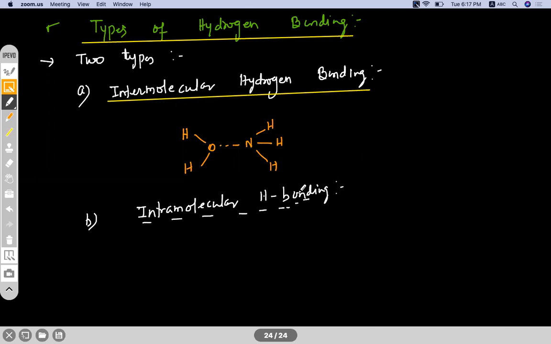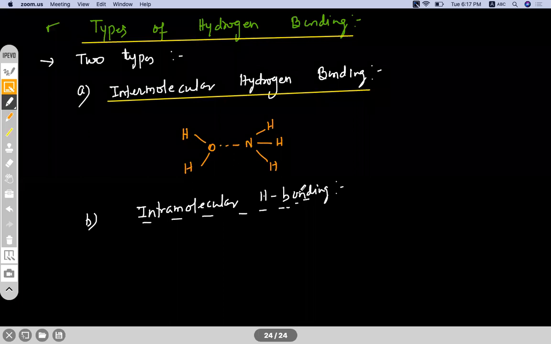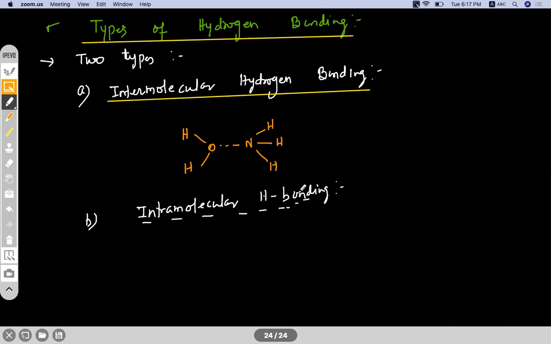Write down: in this type of bonding, the hydrogen atom donor and acceptor are present in the same molecule.